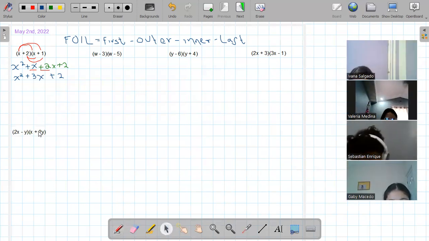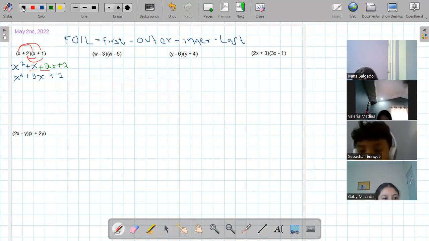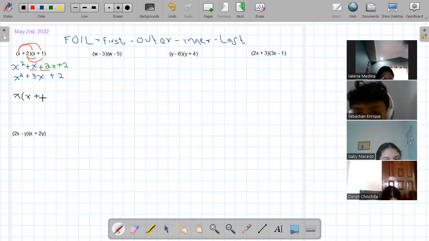Now, this is one method. I will be showing you another method, and you pick whichever method you want, okay? I'd rather use the FOIL method because it is a little bit less complex, let's say. So what can you do? Well, having the same exercise, you can separate the first parenthesis and say x times, and you copy the second parenthesis, x plus 1.